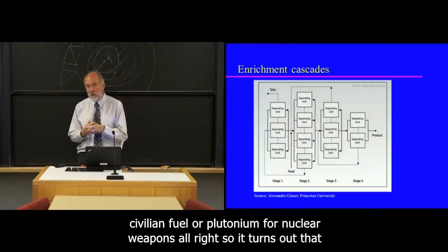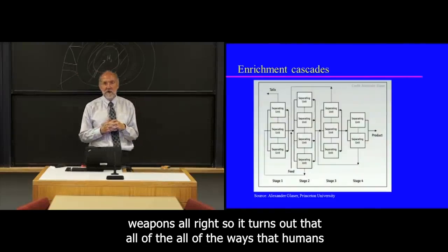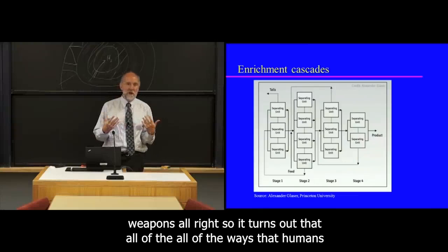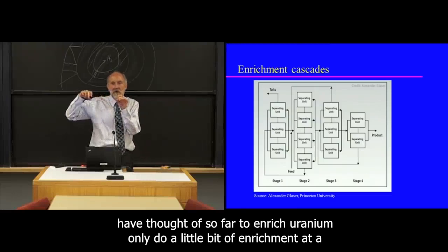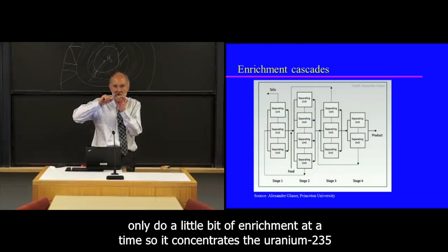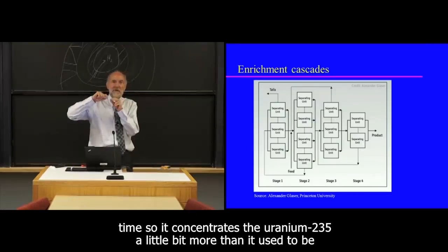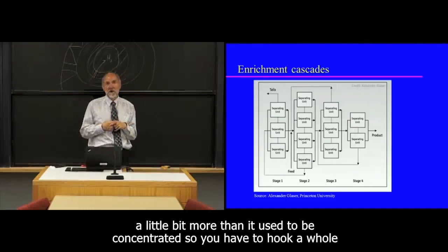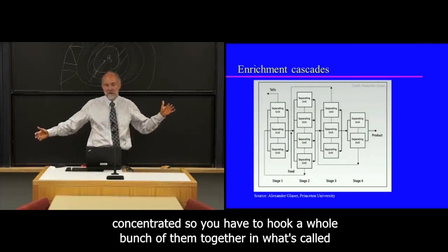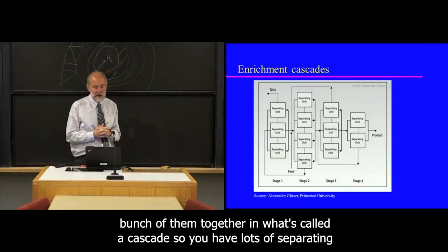All right, so it turns out that all of the ways that humans have thought of so far to enrich uranium only do a little bit of enrichment at a time. So it concentrates the uranium-235 a little bit more than it used to be concentrated. So you have to hook a whole bunch of them together in what's called a cascade.